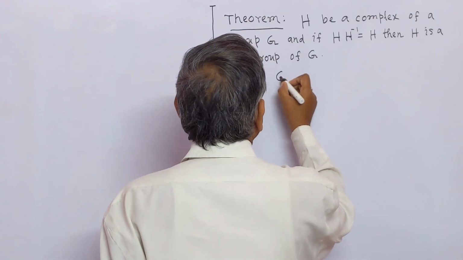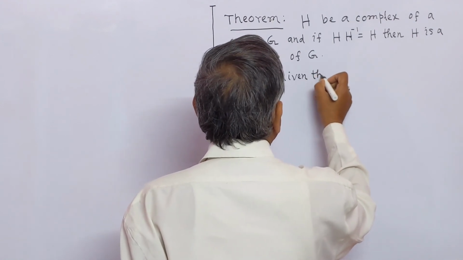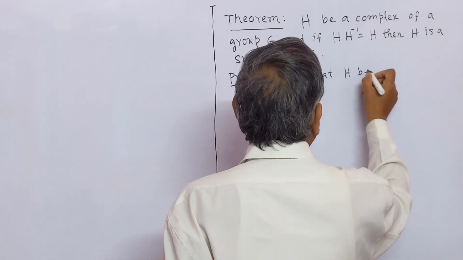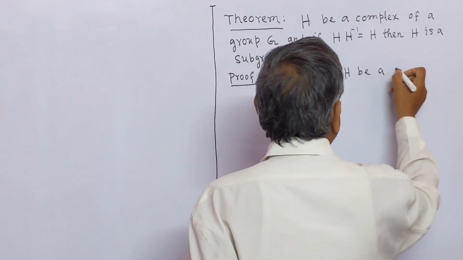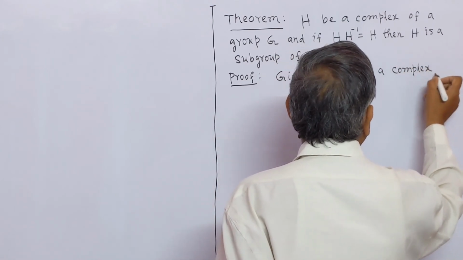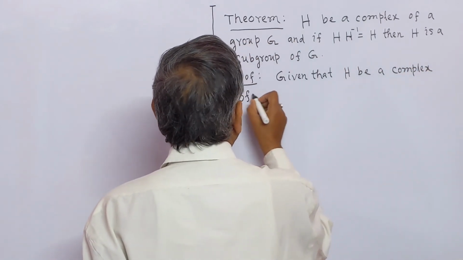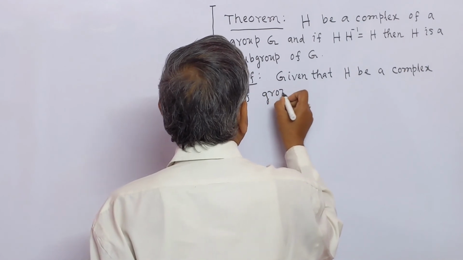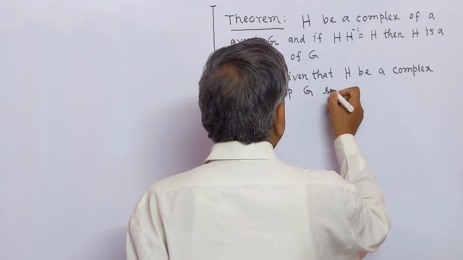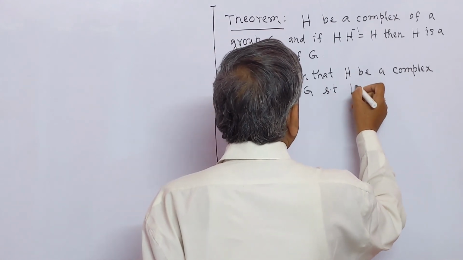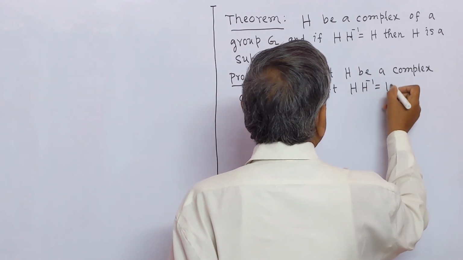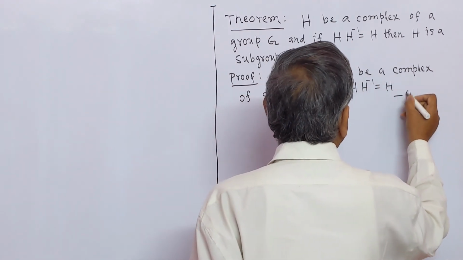Given that H is a complex of group G such that H inverse equals H. This is number 1.